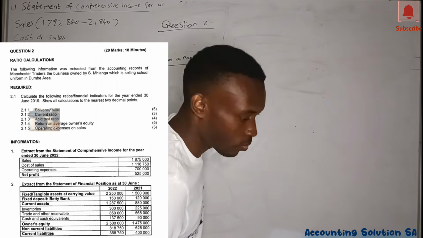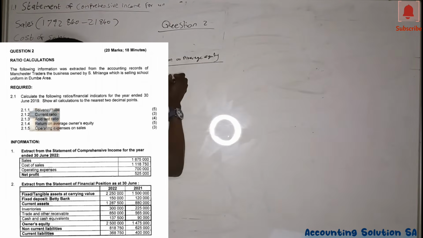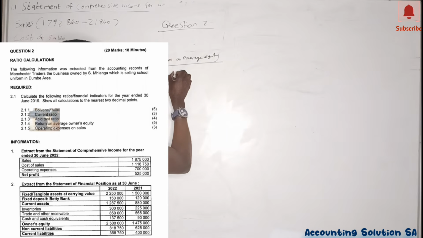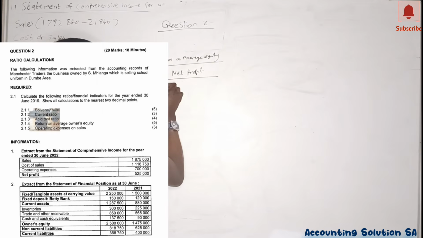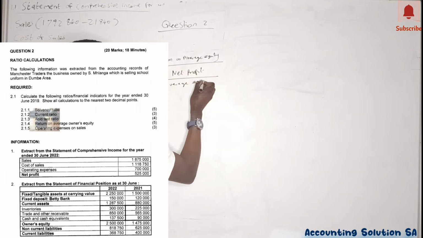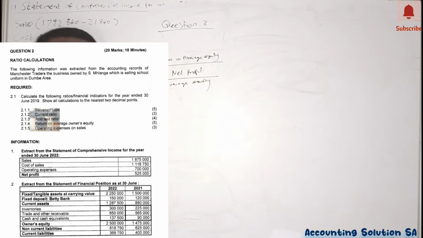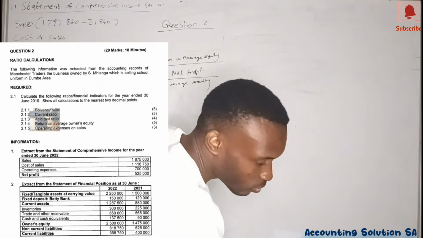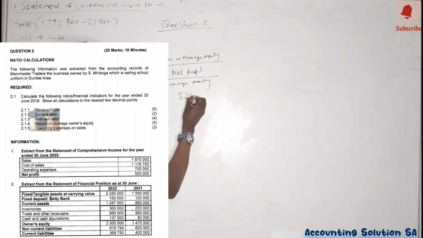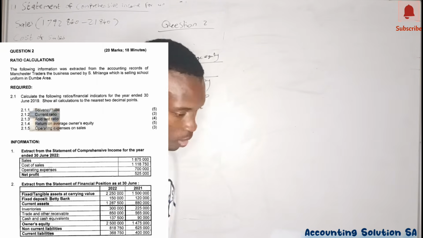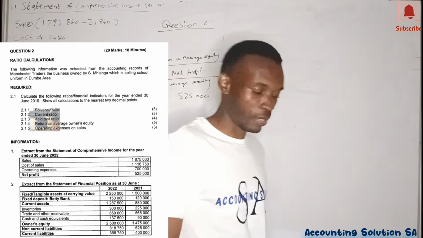The formula that you have to use is net profit divided by average equity. The first part that you have to look for is net profit, then we'll proceed. Net profit, you get it under the income statement, and it's going to be 525,000 on our income statement.